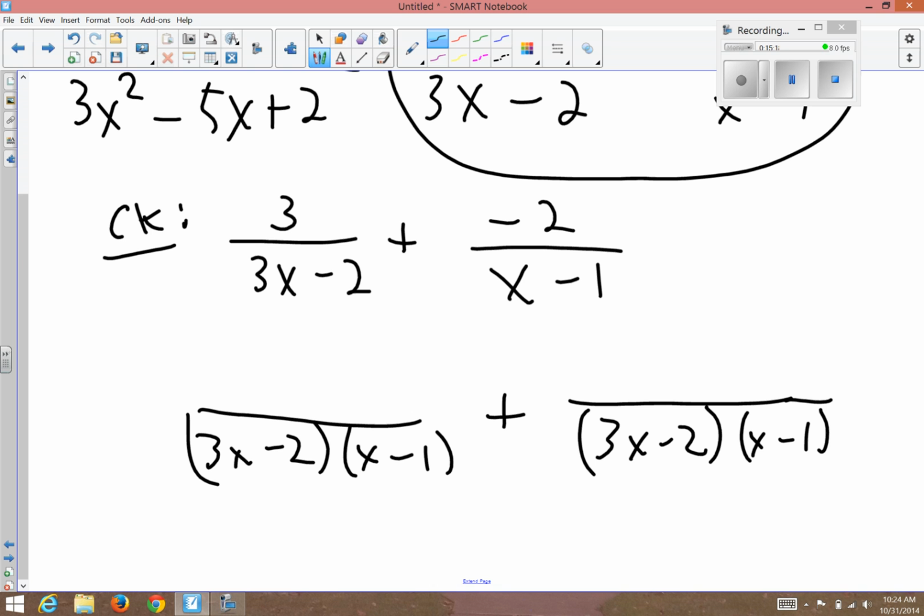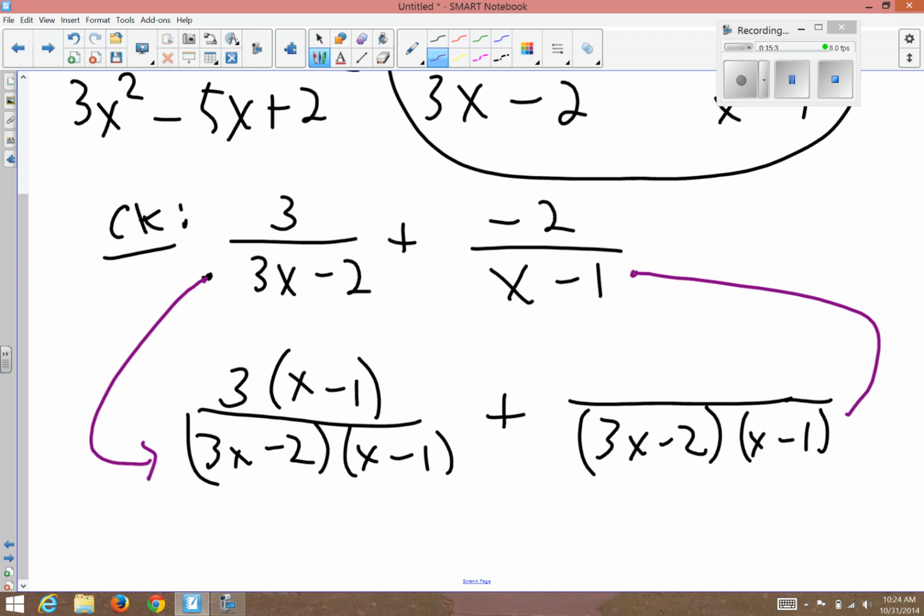What did I multiply to this denominator to make it the common denominator? Whatever it is, the top has to be multiplied by the same thing. What did I multiply to this denominator to get the common denominator? I have to multiply the numerator by the same thing.